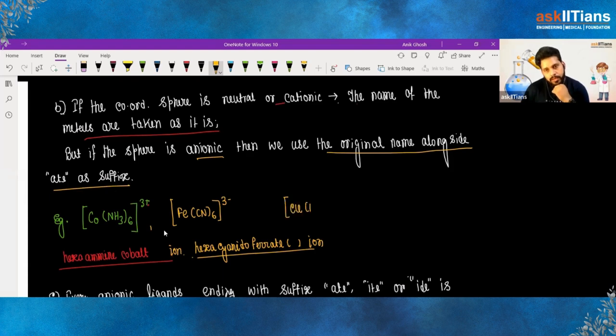Let's go for another one: Cu(NH3)6 2+. What are we going to call this? This will be called hexaamine copper.